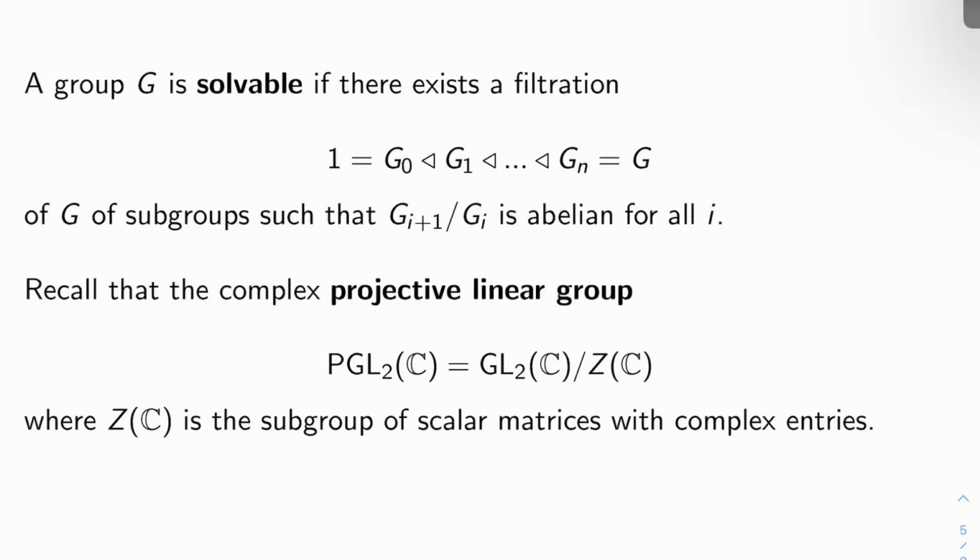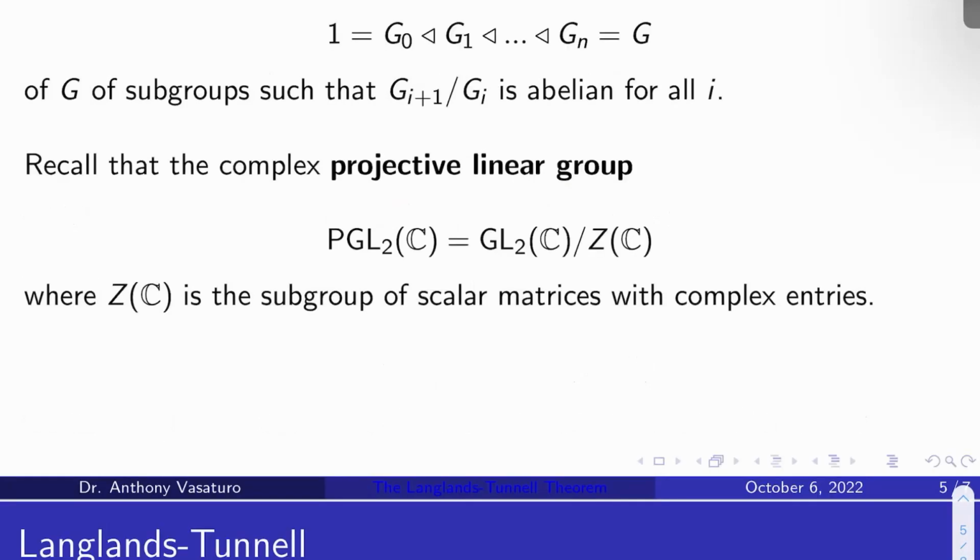Okay, that's what a solvable group is. So for example, abelian groups are solvable. And recall that the complex projective linear group PGL2 of C is just GL2 of C, so that's 2 by 2 matrices with complex entries that are invertible, mod the center, Z of C. What's the center? In this case, it's the subgroup of all scalar matrices with complex entries. It's the set of all matrices here that commute with everything.